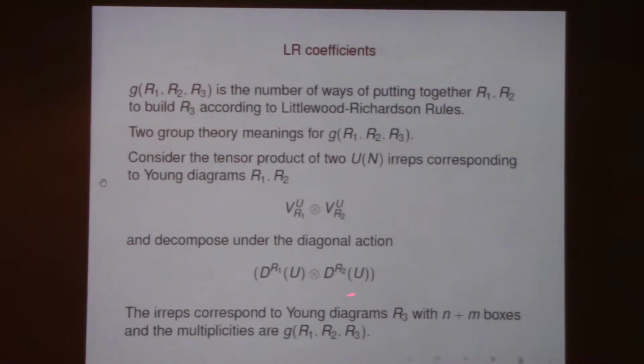Those will be the irreducible representations R3 corresponding to Young diagrams with n plus m boxes. If you have an R3 in this tensor product, it could appear more than once. These multiplicities are what are called the Littlewood-Richardson coefficients.